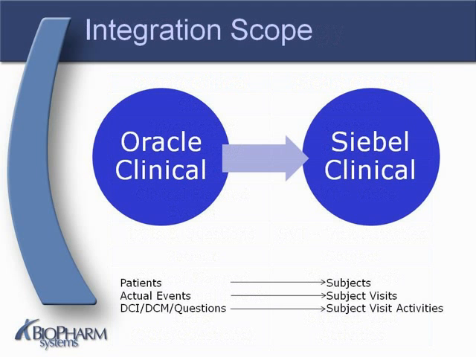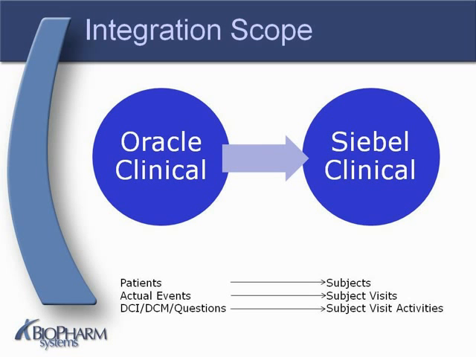But it was quickly determined that the benefit of automating that process doesn't outweigh the risk and effort in developing that specific interface. So we went forward with a one-way interface from Oracle Clinical RDC to Siebel Clinical, and the key pieces of data that we focused on were subject visits and subject visit activities.